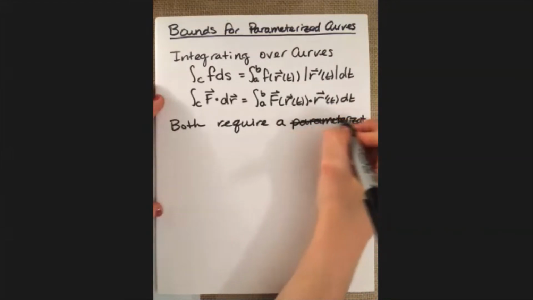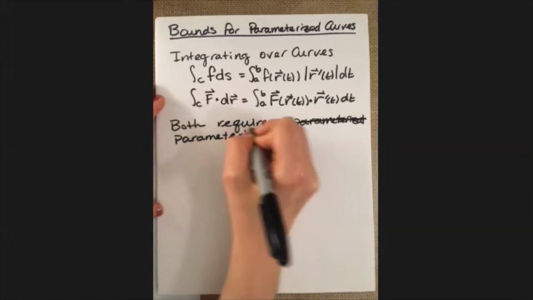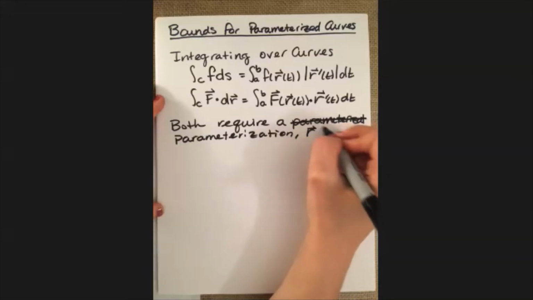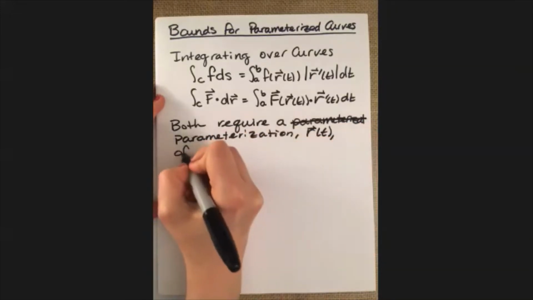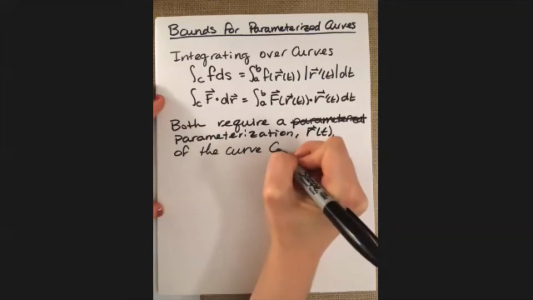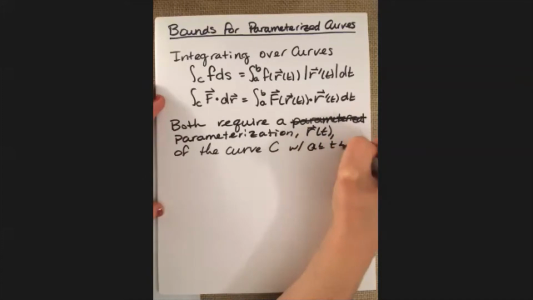I will never write this word and not run out of room. Okay, parameterization that we call r of t of the curve C that has bounds on t, a and b.